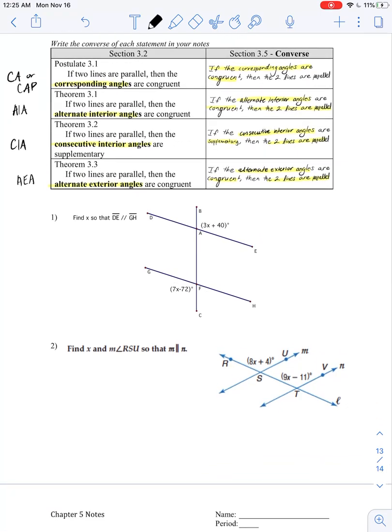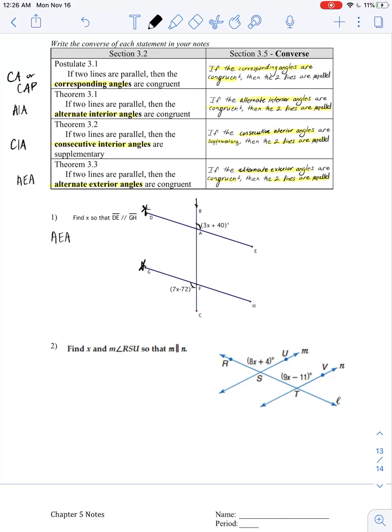Looking at these first two problems, it says find x so that the two lines DE and GH are parallel. So we want to prove that these two lines are parallel. If we look at the two angles where we were given some information, these two angles are alternate exterior angles, meaning they are on opposite sides of the transversal, and exterior, so outside of the parallel lines.